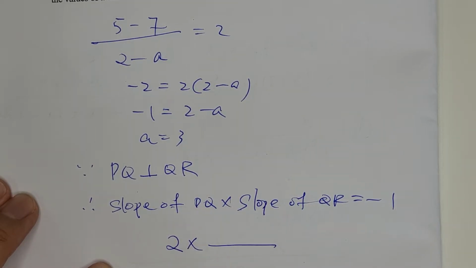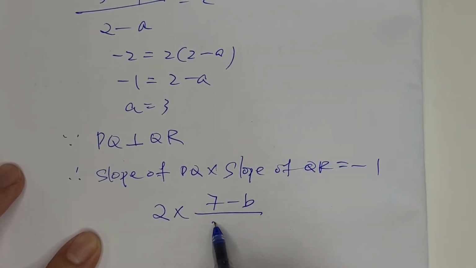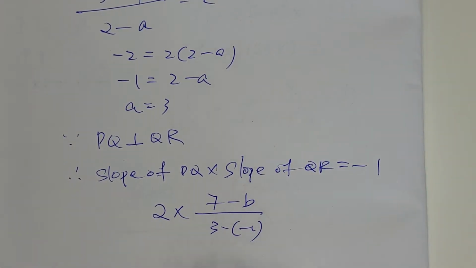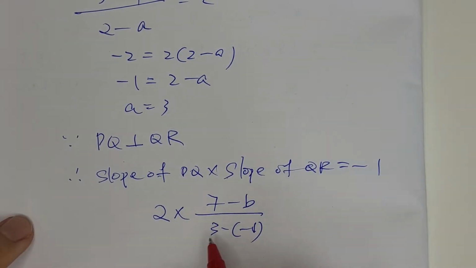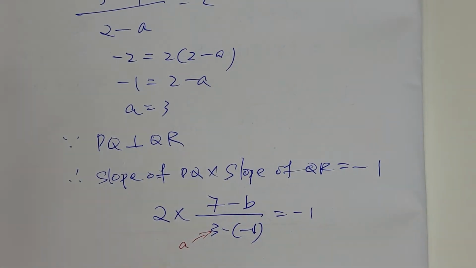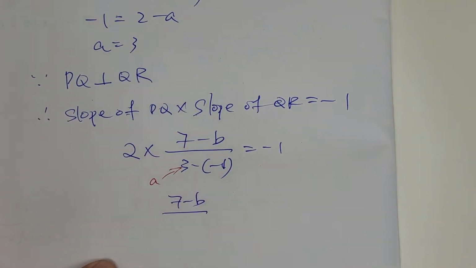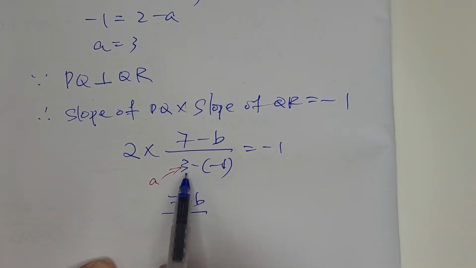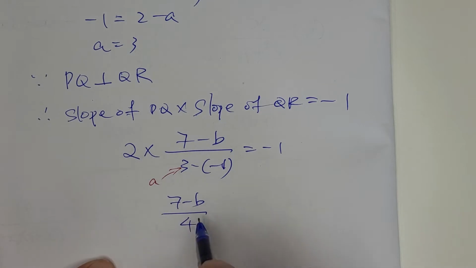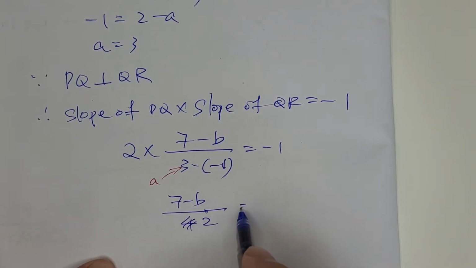And slope of QR is 7 minus B over 3 minus negative 1. Okay, because A is 3, we found already, equals negative 1. So, to solve it, numerator 7 minus B, nothing you can do. Denominator 3 minus negative 1, 4. Okay, and multiply with this 2, you get it as 2.